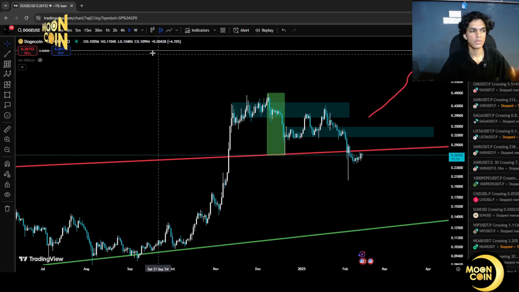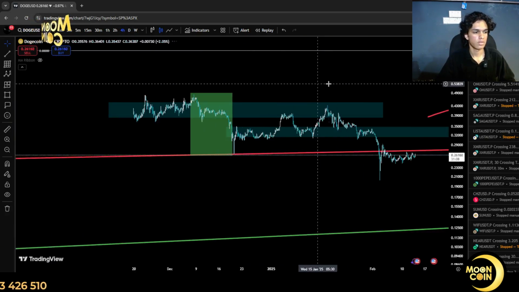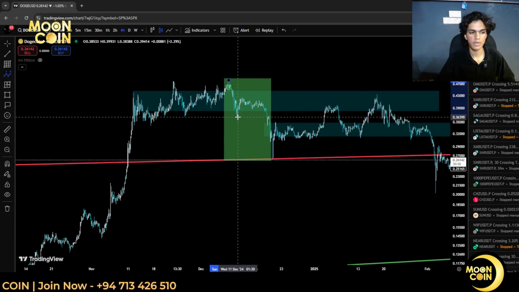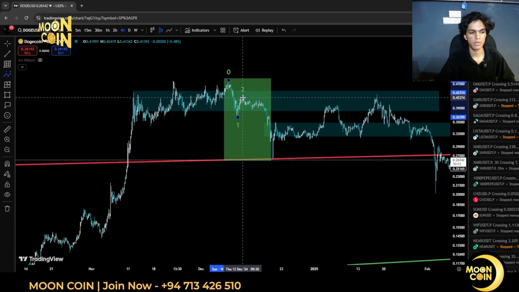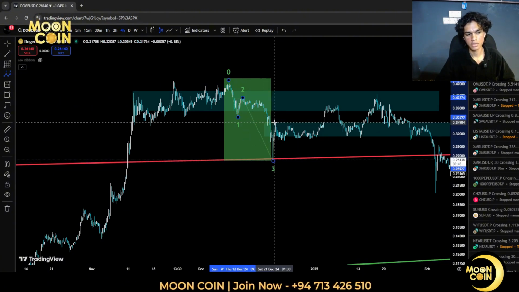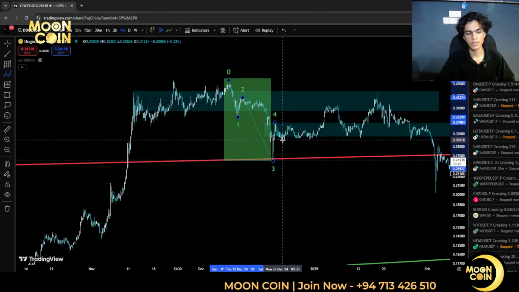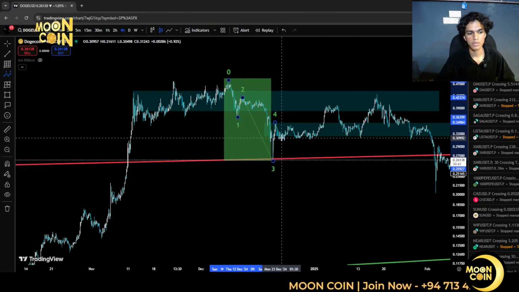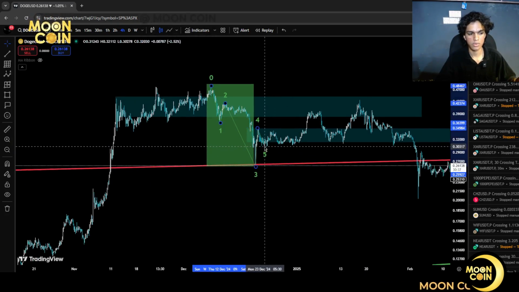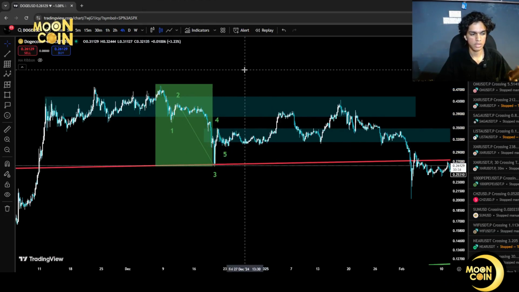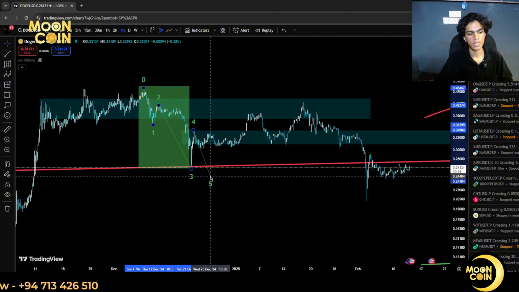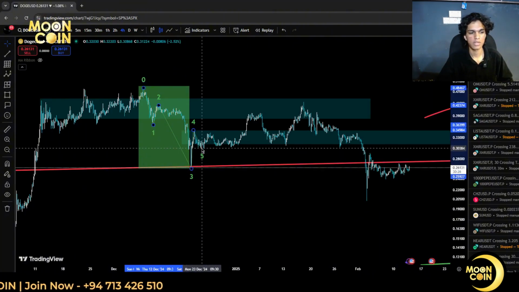If you take the 1 2 3 count here, you can see that the first wave has been formed, the second wave is a small correction wave, and the third wave is a larger wave. Then it made the fourth wave, and the fifth wave was also made, but it's divergent. This is a type of wave. Those who know Elliott theory know this: the fifth wave shouldn't break the third wave, it can be inside the third wave also.